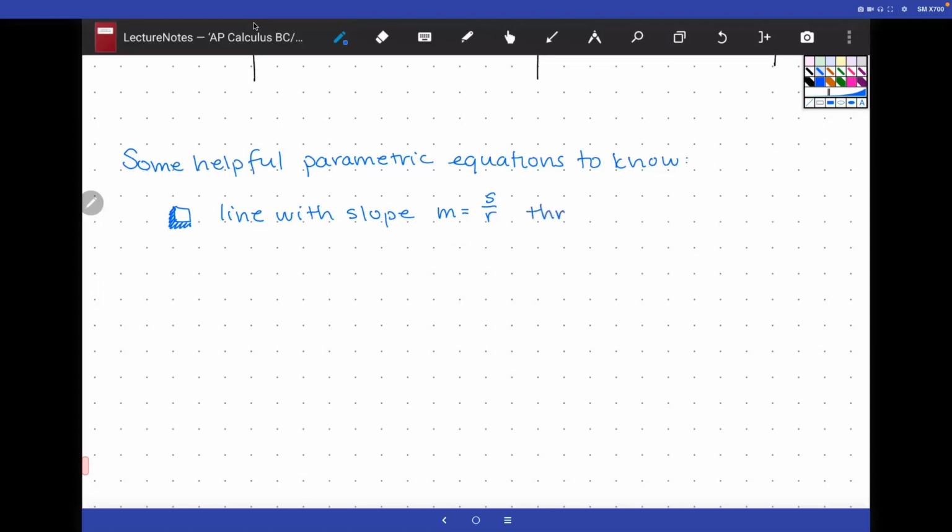That goes through the point (A, B). Then we can say that the parametric equation for that is A plus RT, B plus ST.